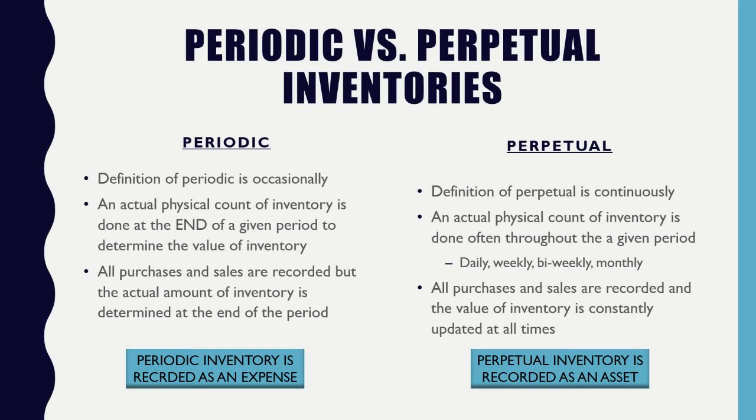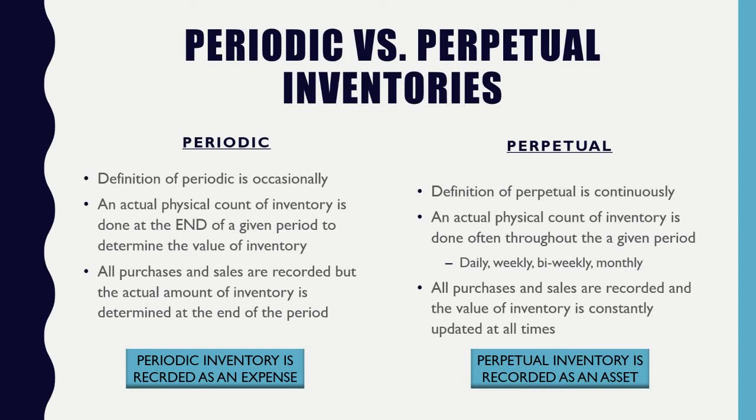Now, the difference is definitely going to be in how you measure and keep track of inventory, and it's also going to differ by what kind of costing method you use. Periodic means occasionally, every once in a while, and this is true when it comes to inventory.